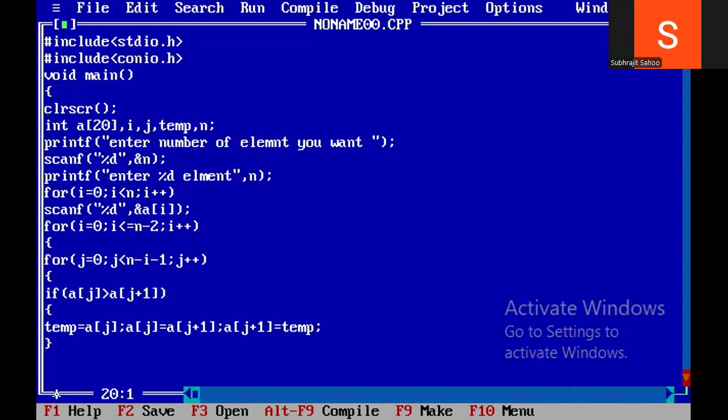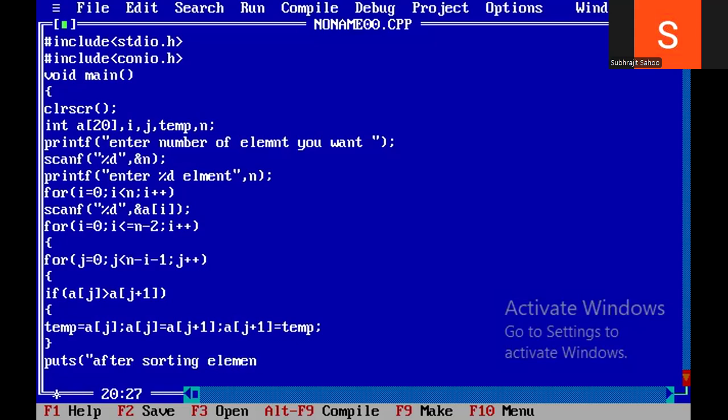Okay, now swapping is done. Now I have to display those elements. So printf or puts, after sorting, anything you can write, like sorted elements are.